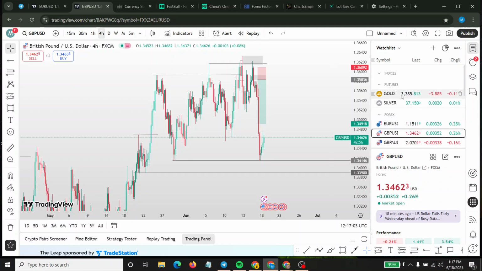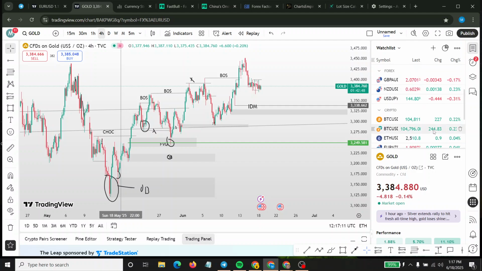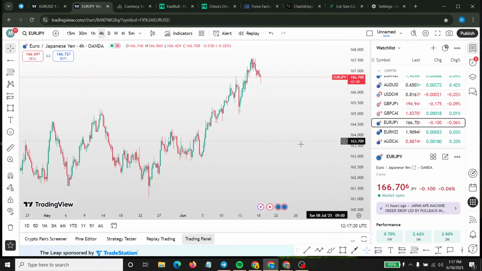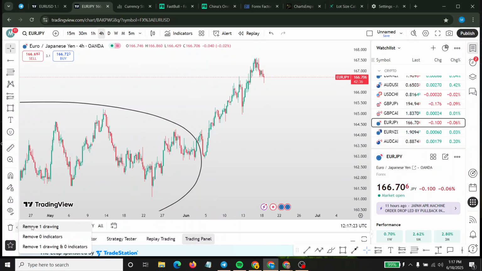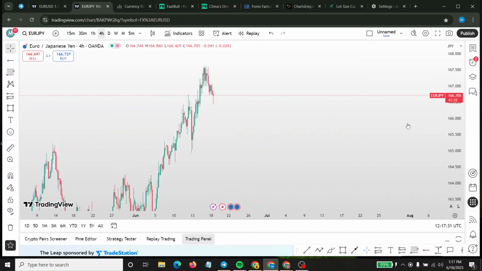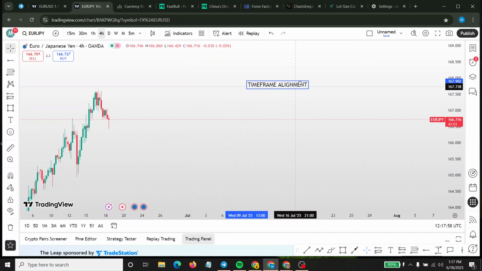So what we'll be looking at today is time frame alignment.